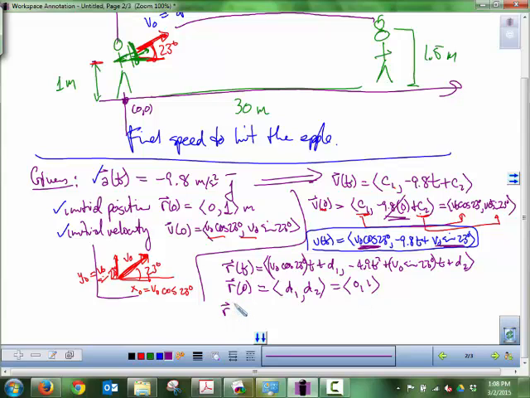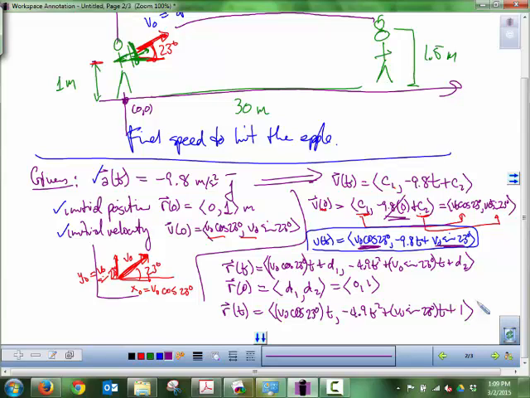So our position vector is v naught cosine 23 degrees times t plus 0, comma, negative 4.9 t squared plus v naught sine 23 degrees times t plus d2, which we found to be equal to 1.